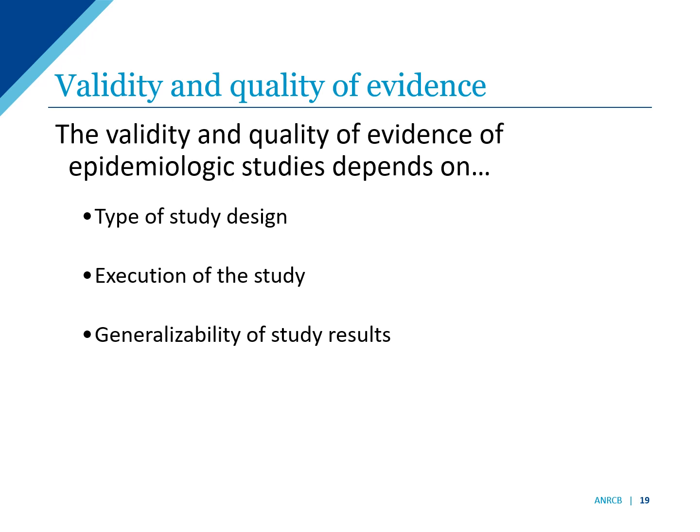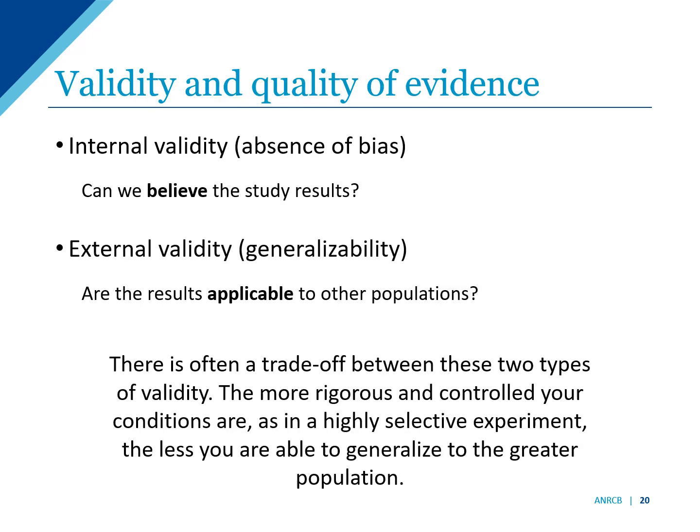The validity and quality of evidence in studies depends on the type of design, how rigorously we execute that study, and our ability to generalize our results to the broader population of interest. Internal validity in a research study refers to the absence of bias. We ask, can we believe the study results?